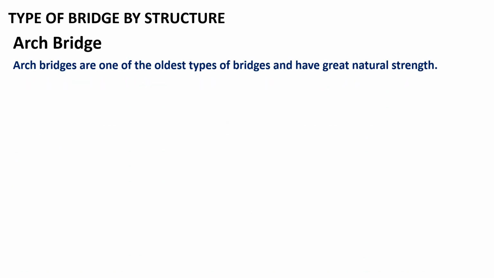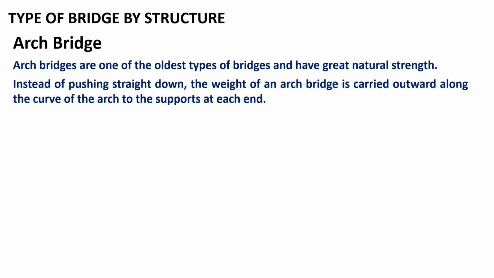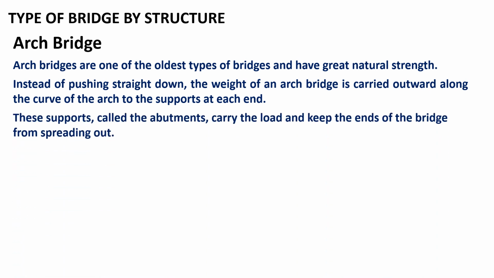Arc bridges are one of the oldest types of bridges and have great natural strength. Instead of pushing straight down, the weight of an arc bridge is carried outward along the curve of the arc to support at its end. These supports, called the abutments, carry the load and keep the ends of the bridge from spreading out.